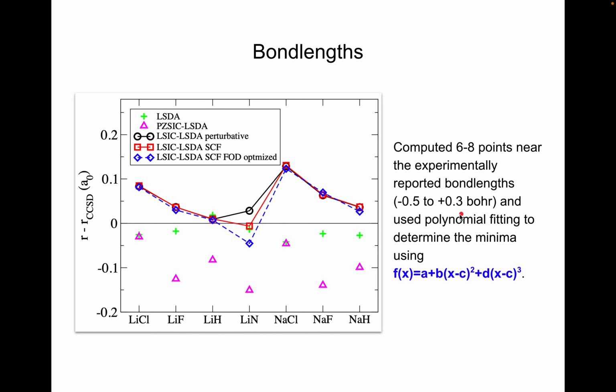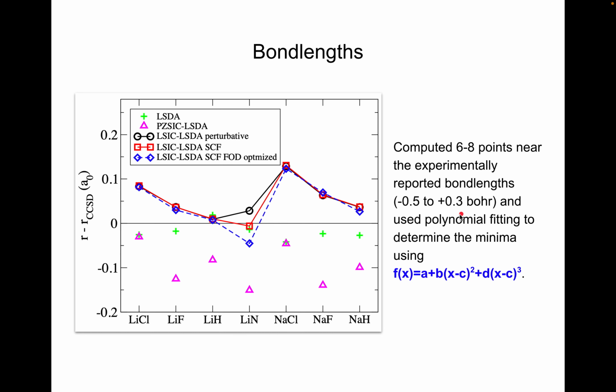As the fitting function, we used this polynomial function. This function includes third-order terms in addition to the parabolic term. This is because by including the third-order terms, we found that the fitting error is smaller than by using the parabolic term only.